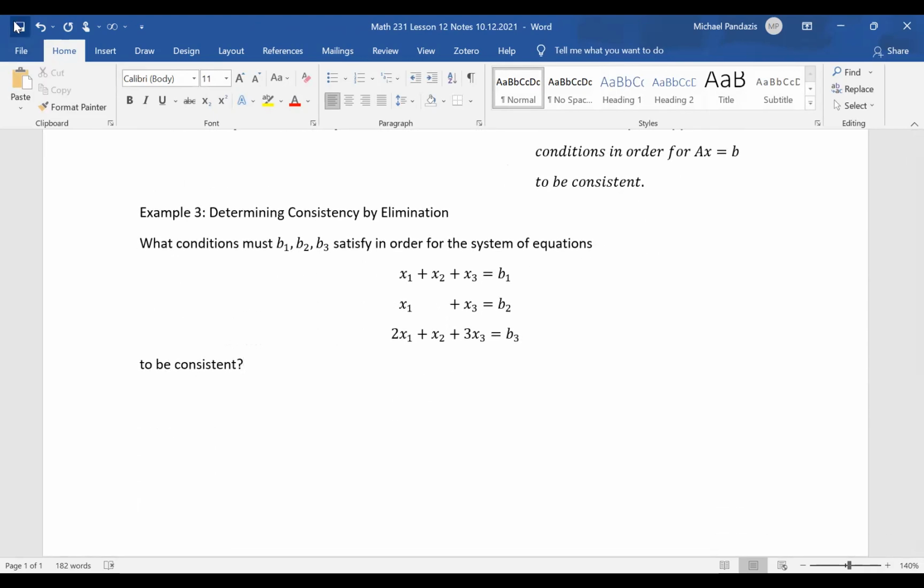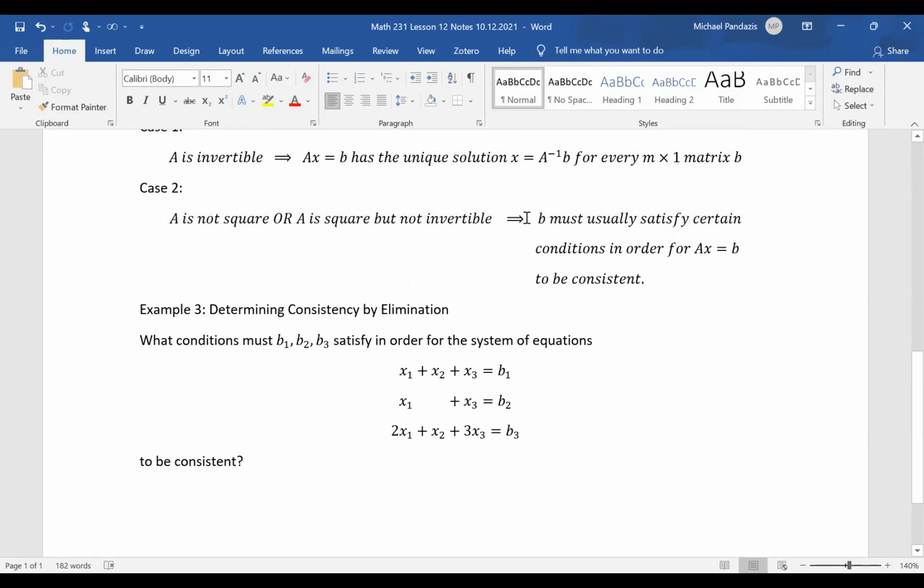That's the question. b1, b2, and b3 are the components of a general 3 by 1 matrix, an m by 1 matrix where m is 3, for the system Ax equals b. Let me just put a note here.